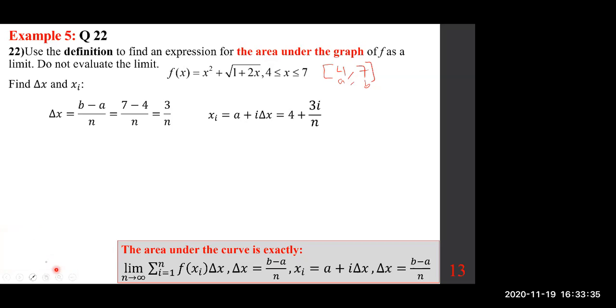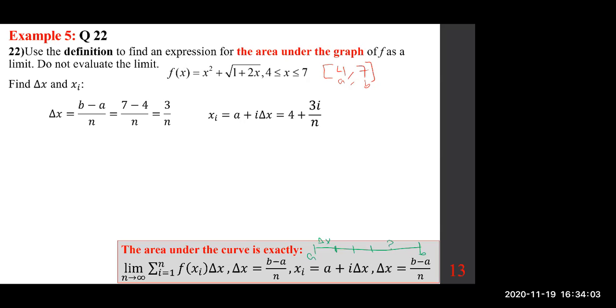Remember, you have a line segment that goes from A to B, and you cut it into pieces, however many pieces. This distance is delta x, everybody, okay? So starting with A and then i times delta x, okay? The first one, the second one, so on and so forth.